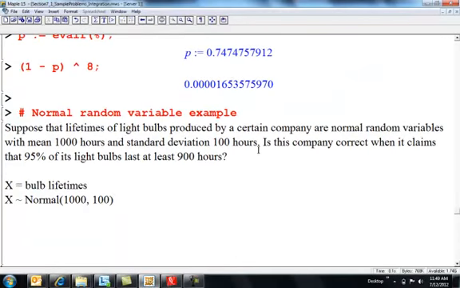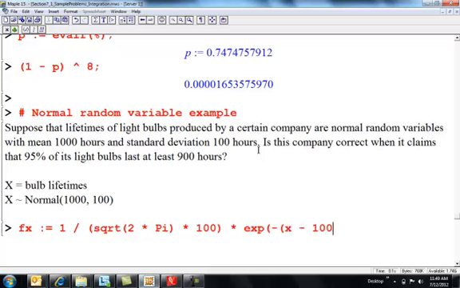Let's build this density function first. f of x equals 1 divided by square root of 2 times pi times 100, times exp of negative (x minus mu) squared divided by 2 times sigma squared.